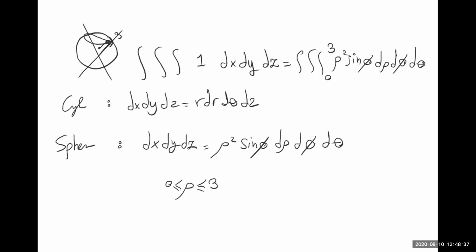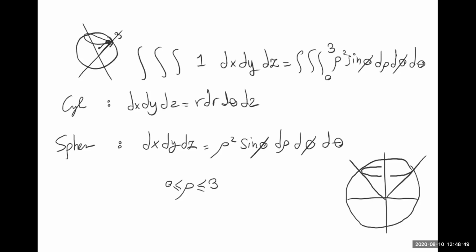What about phi? What are the bounds for phi? If we look at the picture here, this is the sphere, this is the cone. I'm looking at this picture from one side. Phi goes from here to here. Here, phi is actually pi over 4. I should probably explain a little more. If you remember in spherical coordinates, phi is the angle from the z direction to any point.